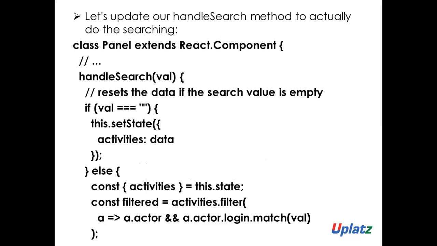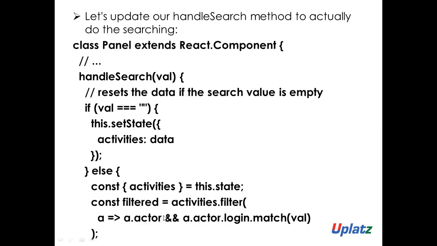Class Panel extends React.Component. Inside handleSearch, I am just resetting the data if the search value is empty. If val is equal to empty, I will set my state data to the data which is coming from the child component. Else, I will set my state and filter the activities.